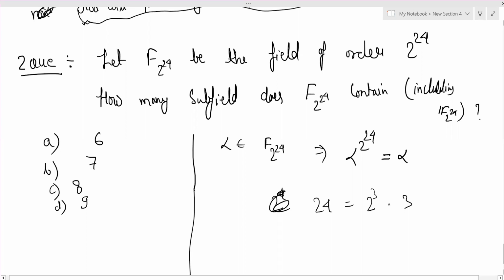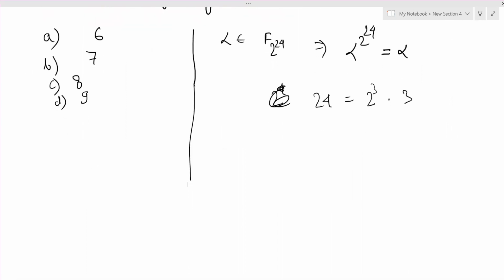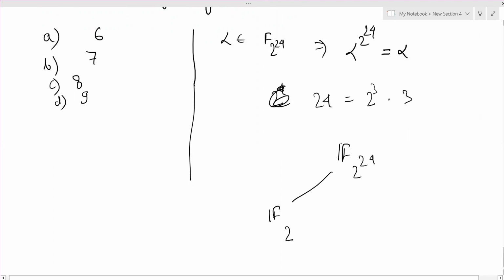So 3 plus 1, 4. What are the possible subfields? Here is your F 2 to the power 24. One possibility is F 2 to the power 8.